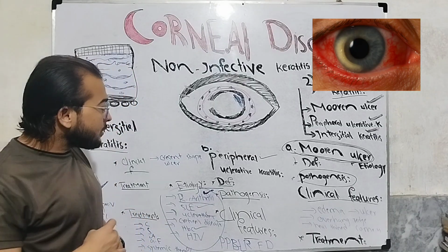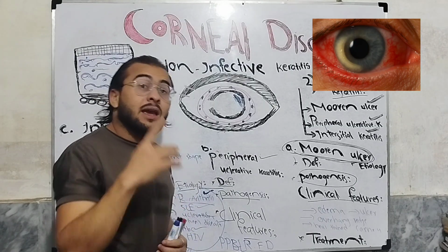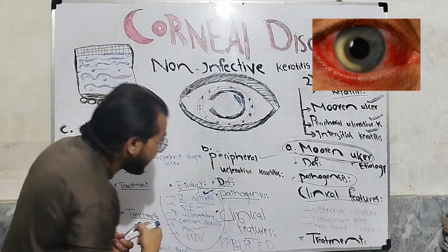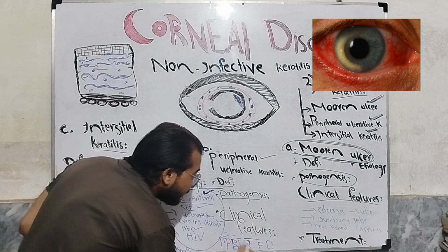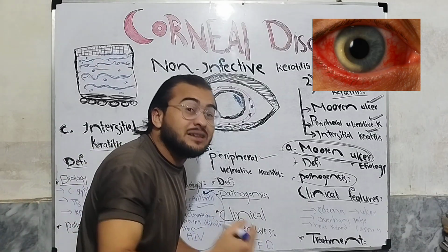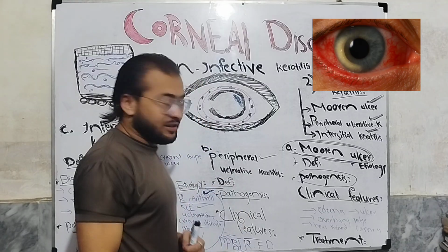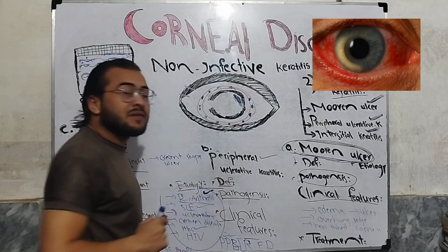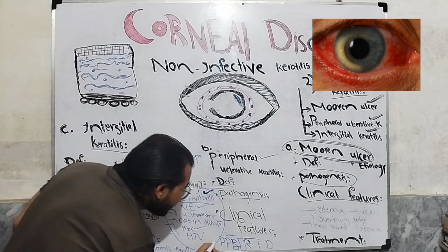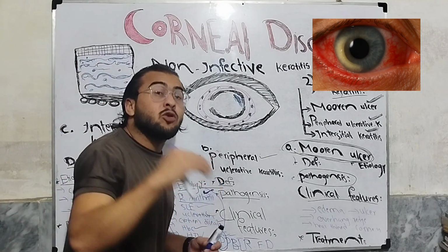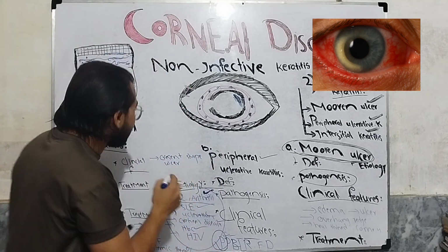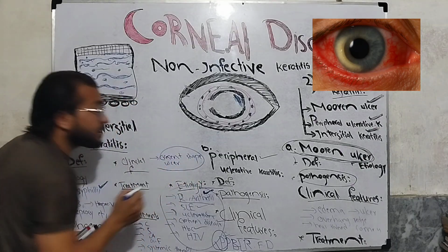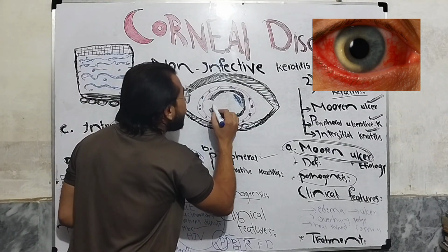Now, how will the patient present to us? As I am telling you again and again, there will be pain, photophobia, blurred vision, lacrimation, redness, foreign body sensation and discharge. But the specific features for peripheral ulcerative keratitis are that the pain will be severe, and the hallmark is the crescent shape peripheral ulcer.